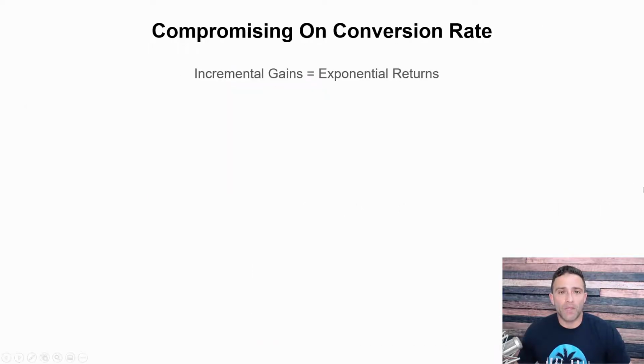All right, compromising on conversion rate. So incremental gains equals exponential returns. Again, if you tattoo on one hand, great marketing doesn't beat bad math, you can look at that. Tattoo on the other hand, incremental gains equals exponential returns.